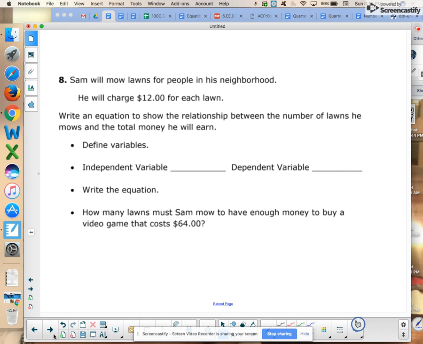Next up, number 8. Sam will mow lawns for people in his neighborhood. Go ahead and give this problem a try. Pause the video now. Okay, we are defining the variables.